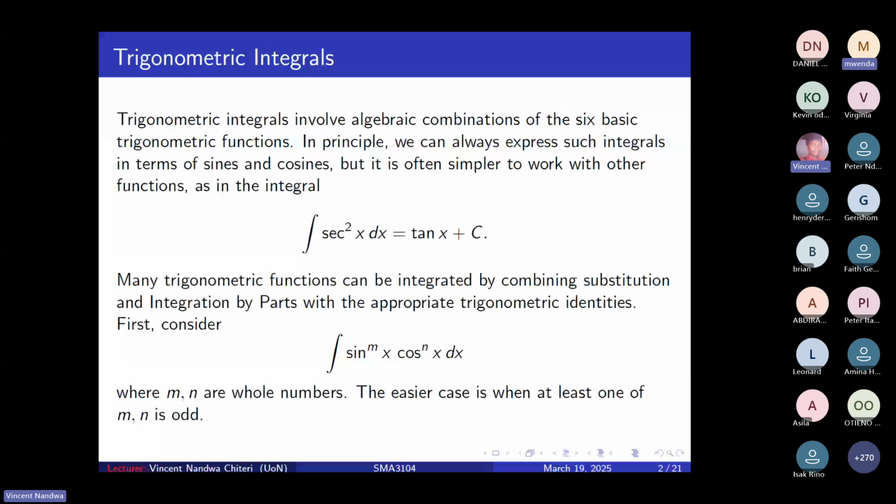And because we are still young, the powers which we are dealing with are strictly whole numbers. So rational powers are beyond the scope of this class. So the powers m and n are whole numbers. So 0, 1, 2, 3, 4, etc. So not fractions.